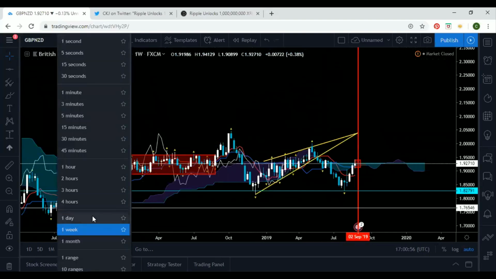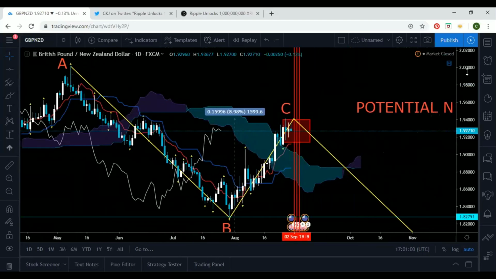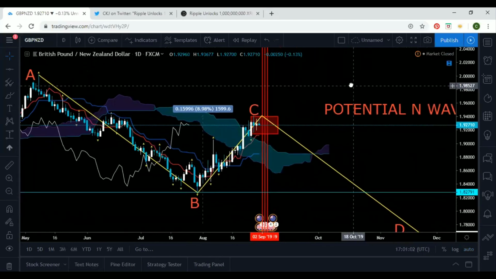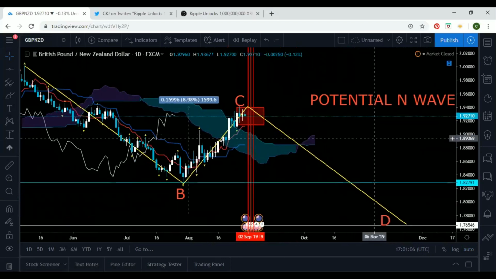I want to break it down even further. Let's go down to the daily time frame. So this is what I see as a potential move, and this will be a heinous move to the downside, around 1,700 pips. It'd be interesting to see this move play out.